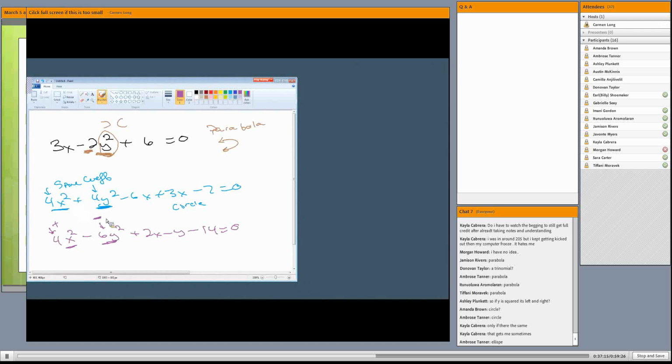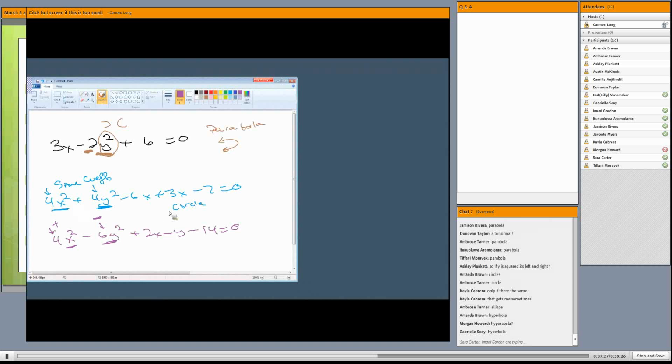Close. Oh, sorry guys. It's a hyperbola because the signs are different. So this one's a hyperbola. When the signs are different, it's a hyperbola. Remember the x minus h squared minus, that's where that minus comes from. Those coefficients are different.